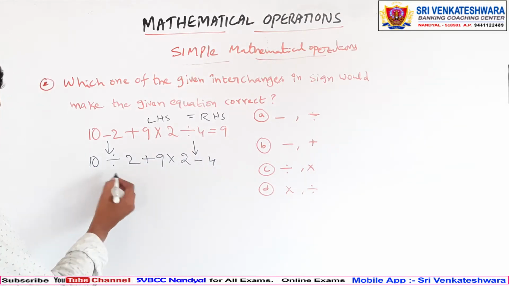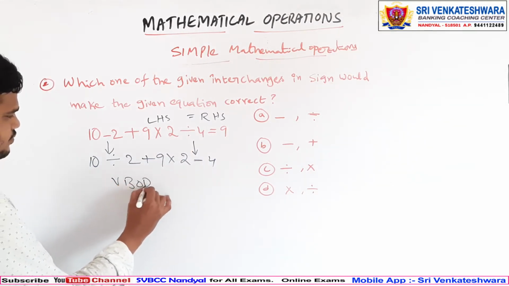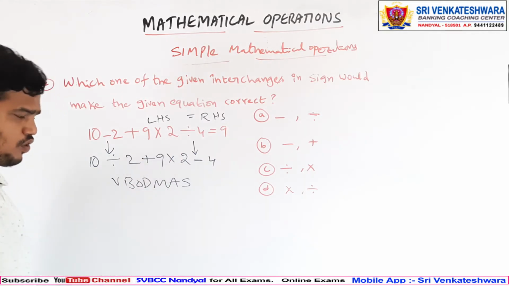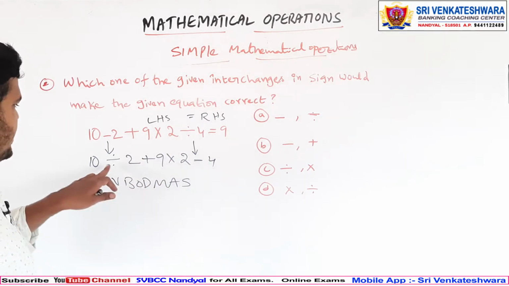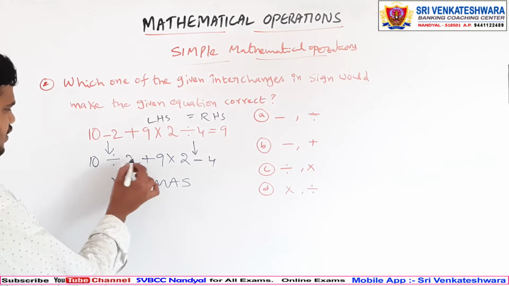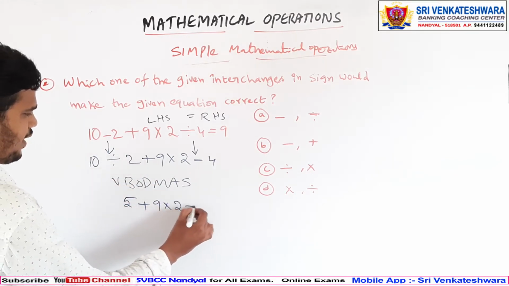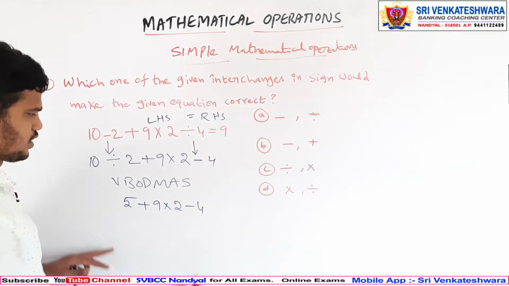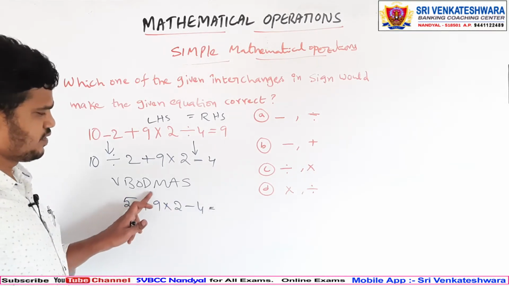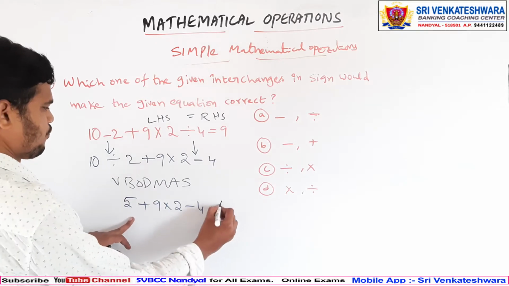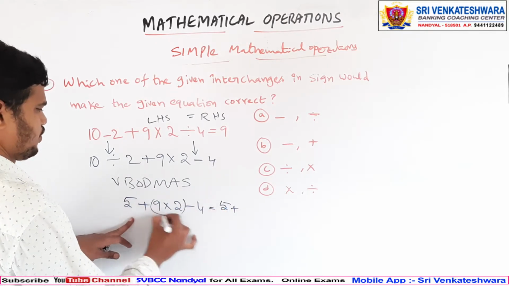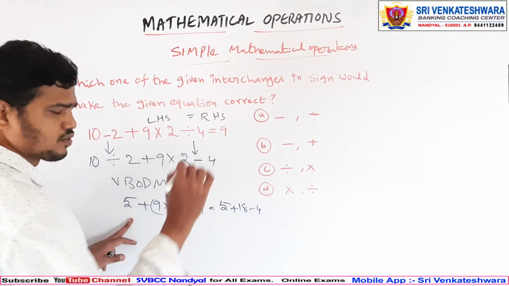Now follow the VBODMAS rule. First one is division here. So 10 divided by 2 is 5, plus 9 into 2, minus 4. Again after division comes multiplication, so 5 plus these two, 18, minus 4.